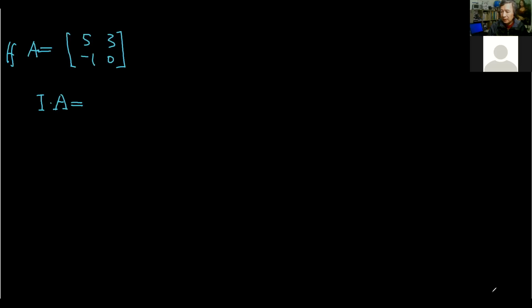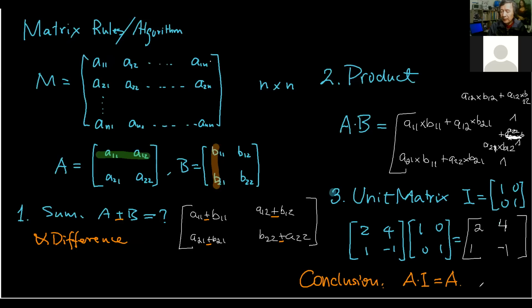Last time we multiplied A from the right. Because if you have two matrices, A times B is not the same as B times A. You will see. Why don't you do it now?